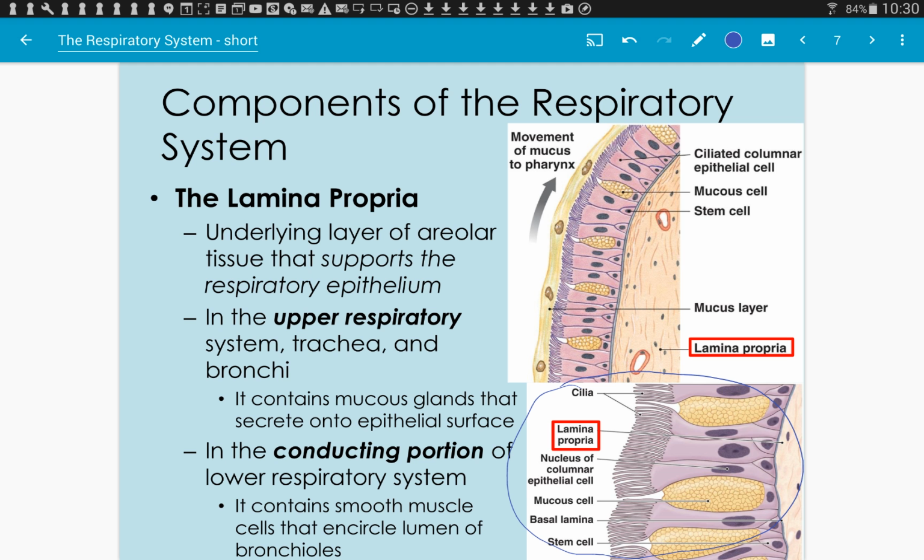When that hits, it causes the smooth muscle that's surrounding those bronchioles to constrict, which then makes it very difficult to breathe. So there are good reasons for having smooth muscle there, and we'll talk about them as we get through this chapter, but there also are some downsides to having smooth muscle lining our conducting portion, especially when we get down to the lower portions, closer to the respiratory portions.